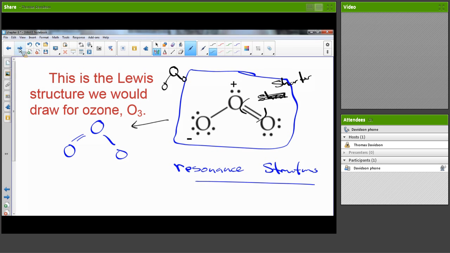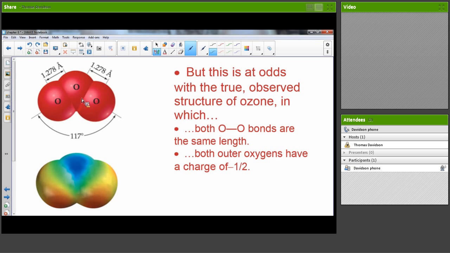But when we look at ozone, it doesn't have a shorter bond. So when they say, what's the answer? Is the double bond on the left or on the right? The true answer is both. And actually, neither.